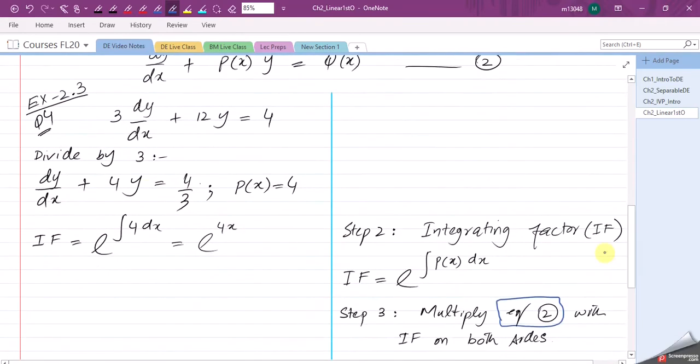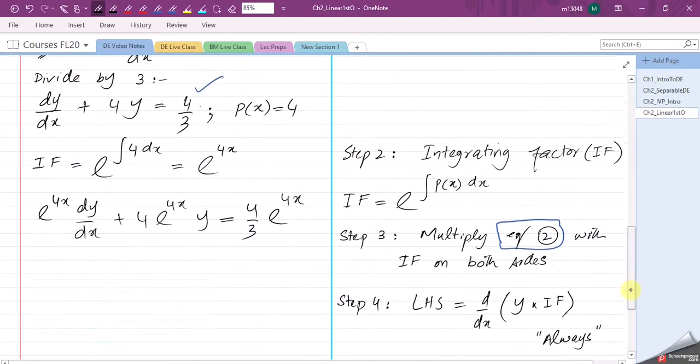So we are going to use this equation for our solution from now onwards, not the original given equation. So remember this step, it's very important. We multiply this on both sides: e raised power 4x dy by dx plus 4 e raised power 4x y equals 4 by 3 e raised power 4x.